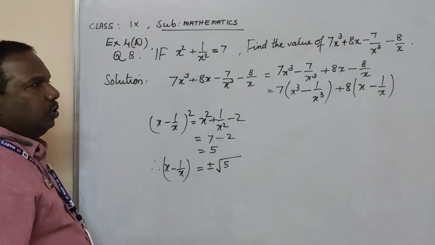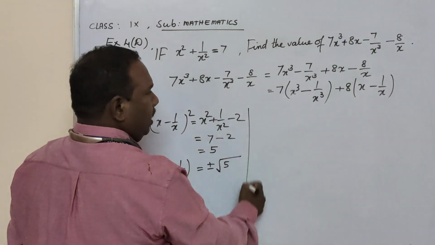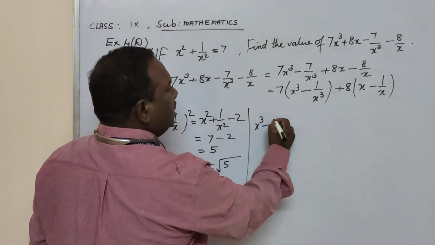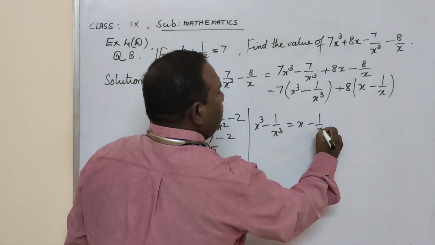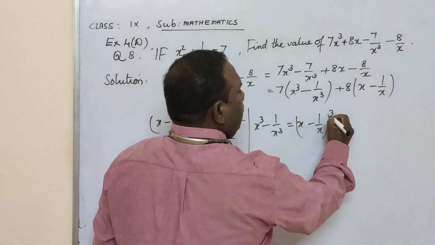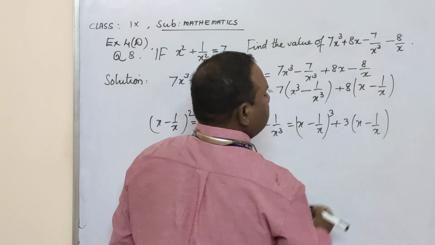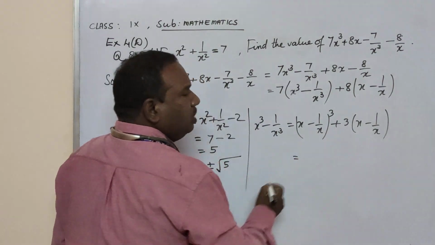And for that also you know the identity. I write here: x cube minus 1 by x cube is equal to x minus 1 by x whole cube plus 3 into x minus 1 by x. After writing the identity, look at the board.